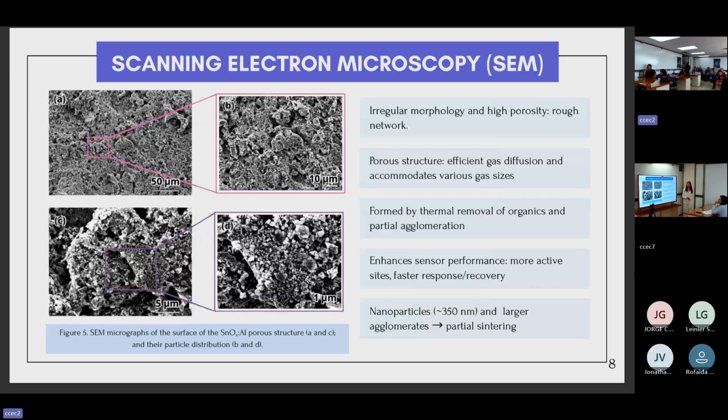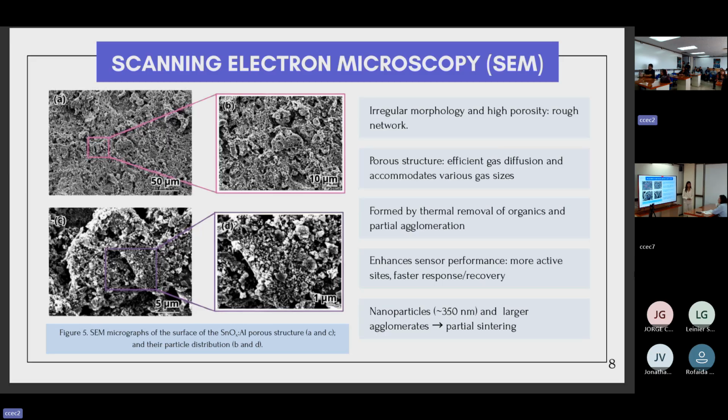Also, we have the scanning electron microscopy to see the irregular morphology and high porosity of our films. And also it has a porous structure. The porous structure is important because it is more efficient in our gas sensor, in this case for carbon dioxide, because the gas enters the porosity and it has good diffusion and also accommodates various gas sizes.